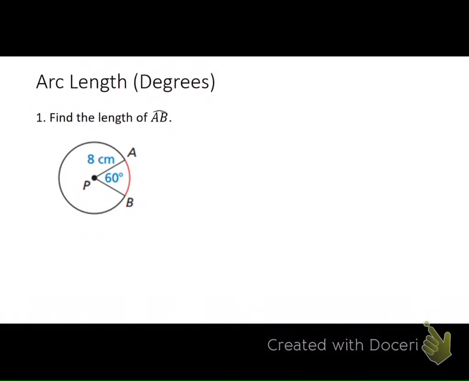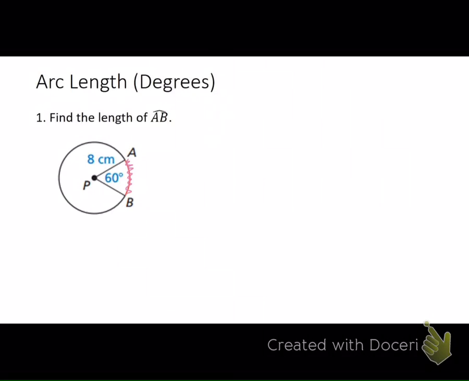All right, so we are trying to find this arc right here. Do you guys see that? But first, we need to understand that our radius is 8 centimeters. So let's start there. Could you find the circumference of this whole entire circle if I asked you to? What would you tell me to do?